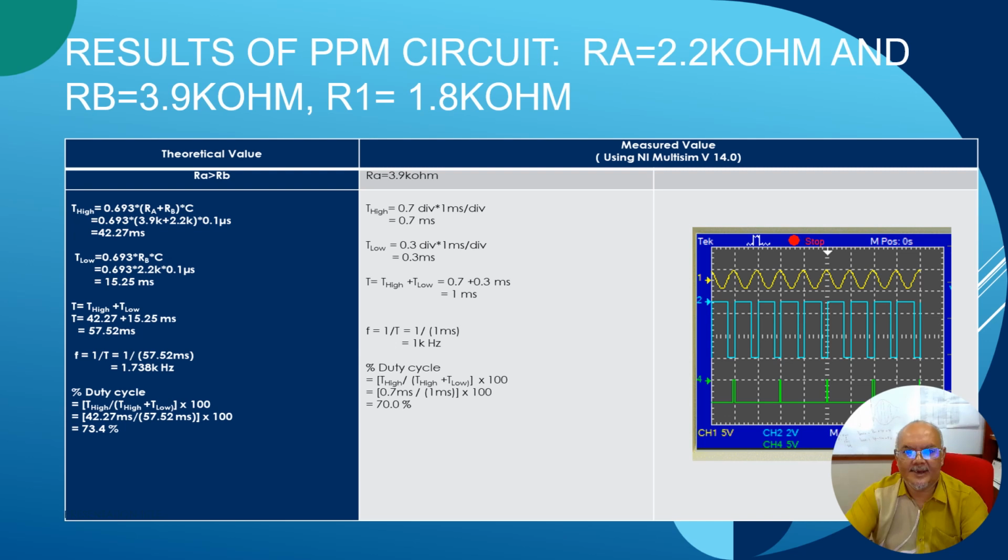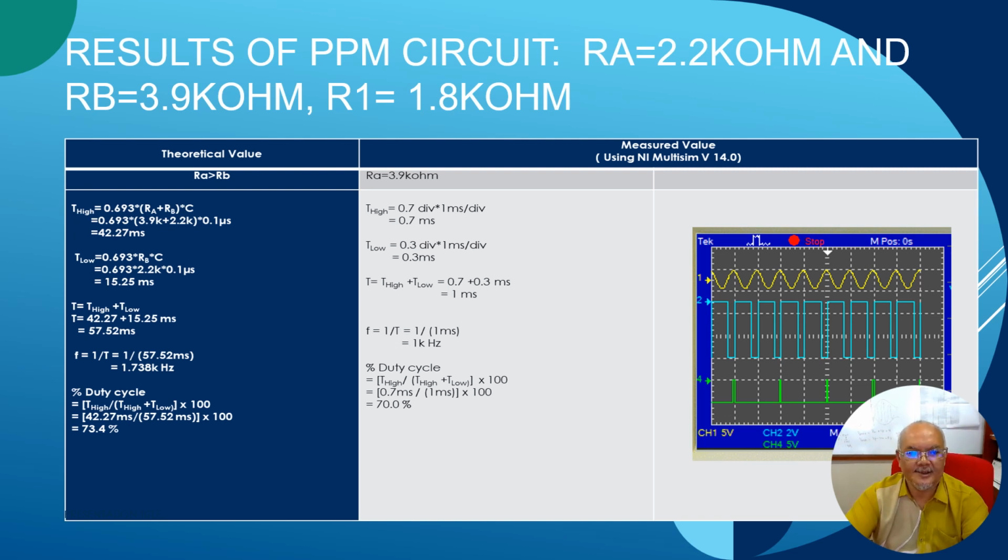Result for the PPM circuit, for RA equal to 2.2 kilo ohm and RB equal to 3.9 kilo ohm, while R1 equals 1.8 kilo ohm.